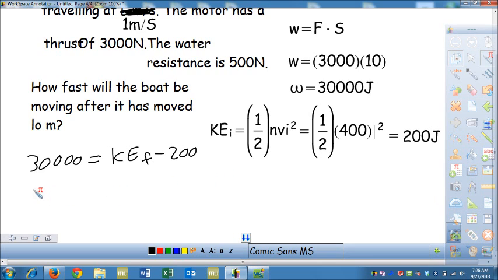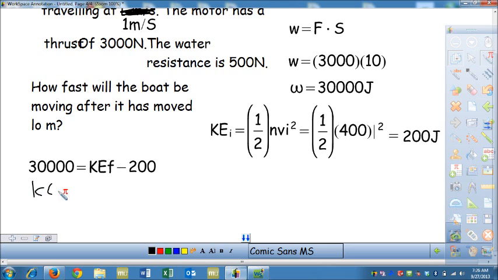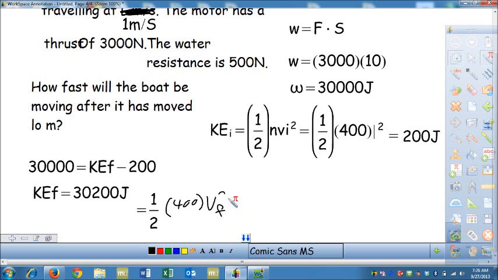So that means that kinetic energy final must equal 30,200 joules. So now that's got to be equal to 1/2 times m, which is 400, times v final squared.